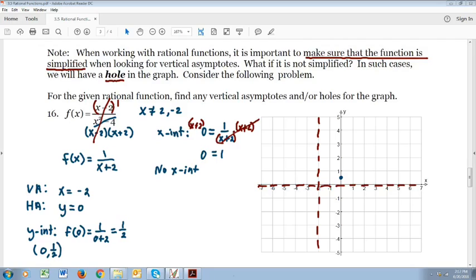Maybe we could see if x is negative 1, it'd be nice to know what that value would be for y. So let's plug in negative 1 for x. f of negative 1 is equal to 1 over negative 1 plus 2. That's going to be 1 over 1, or 1. So the point negative 1, 1 is on the graph.